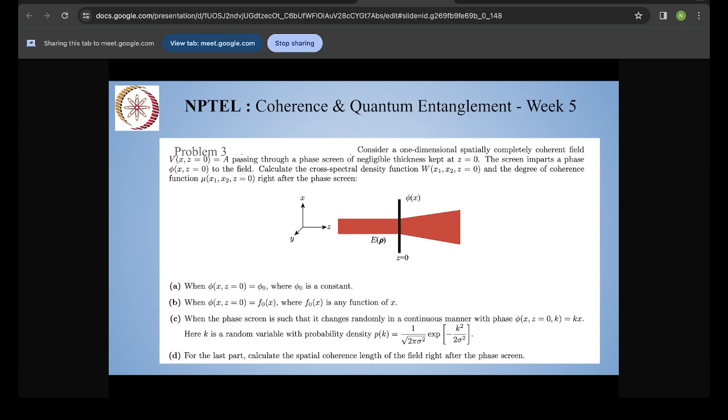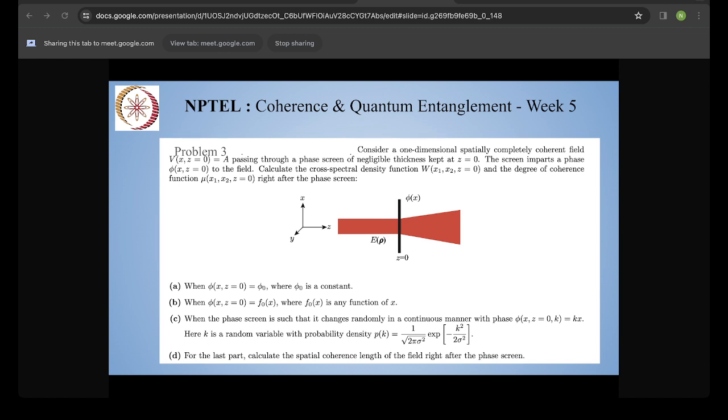Calculate the cross spectral density function and the degree of coherence function right after the phase screen. Now you need to calculate this cross spectral density and the degree of coherence function after the phase screen for different conditions. I will show you for the first two conditions, and after that you can find out by yourself how to do the others.